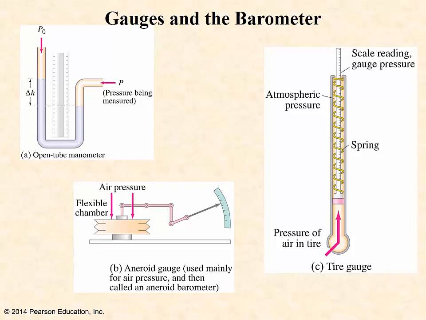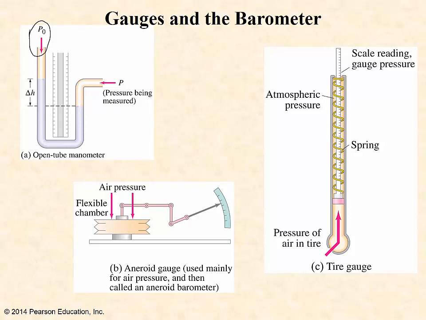This one on the top left-hand side is an open tube manometer. The pressure in the open end is atmospheric pressure over here. The pressure being measured will cause the fluid to rise until the pressure on both sides at the same height is equal.